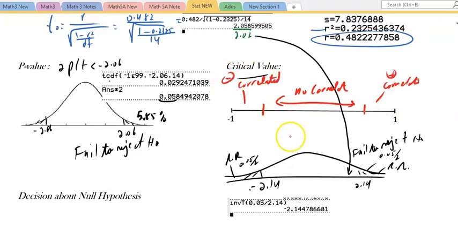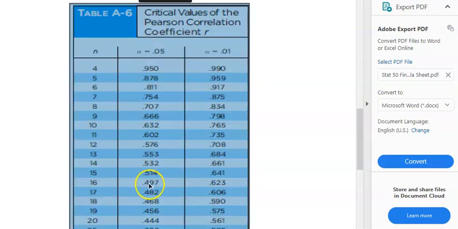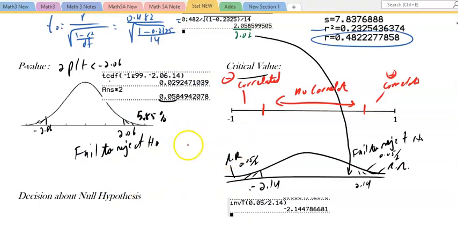To find the value, I'm going to copy out of that sheet. I want n equal 16, alpha equal 5, so it's right there. It's that one right there, 0.497. Let me copy that down.